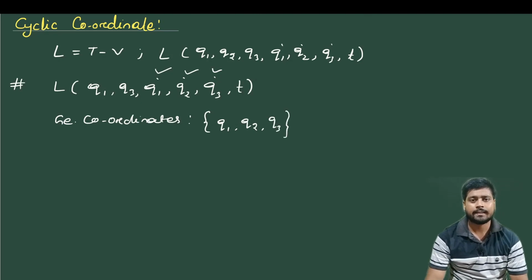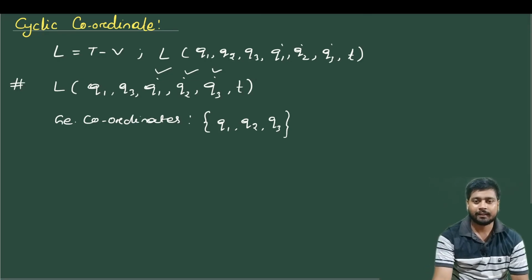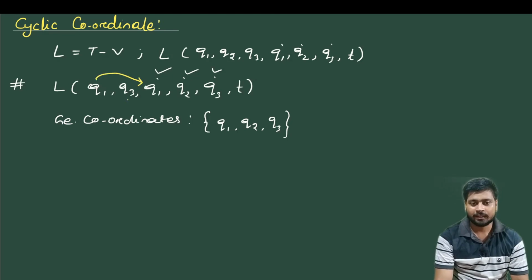These three are generalized coordinates. Here we can observe that for q1 we have q1 dot, corresponding to q3 we have q3 dot, but there is no q2 dot term. Here we have only q dot terms.